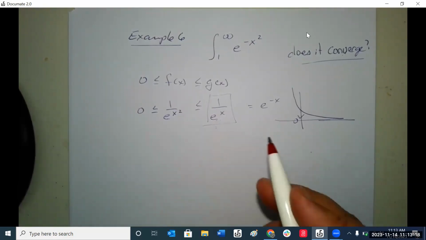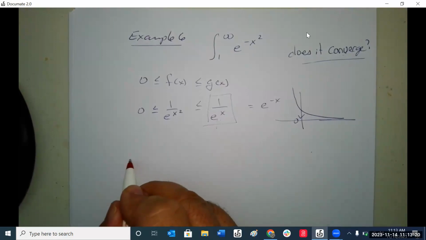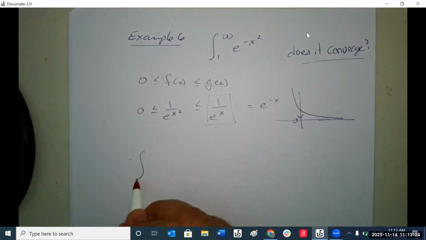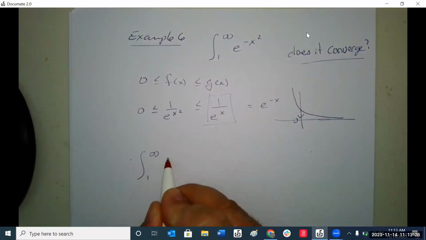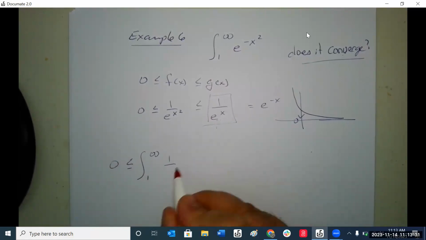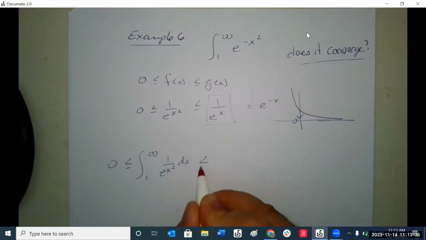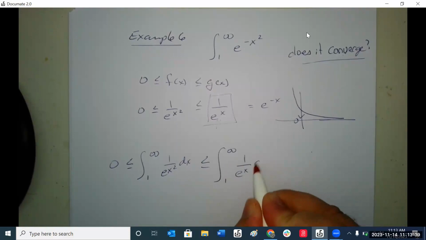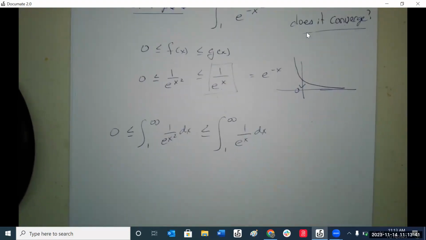Let me use that one. So let's look at this. We have the integral from 1 to infinity of 1 over e to the x squared dx, and 1 over e to the x dx.